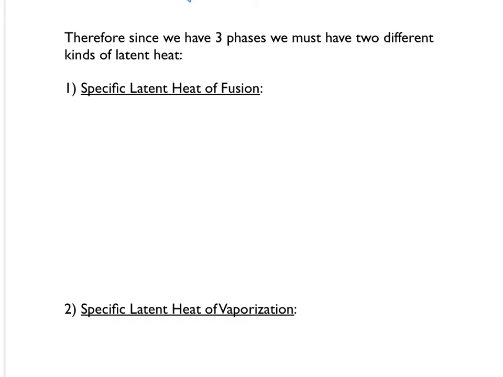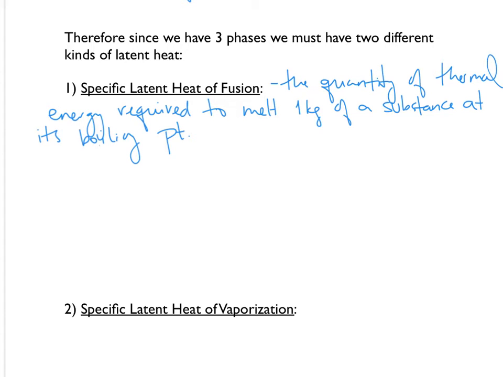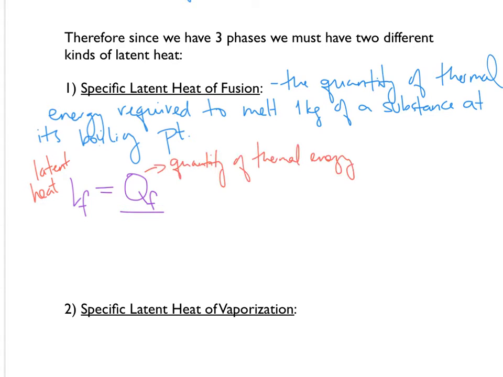First definition is the specific latent heat of fusion, which is going from solid to liquid. And that is the quantity of thermal energy required to melt 1 kilogram of a substance at its melting point. So latent heat is also defined as the quantity of thermal energy divided by the mass.